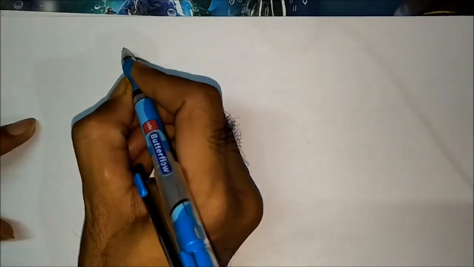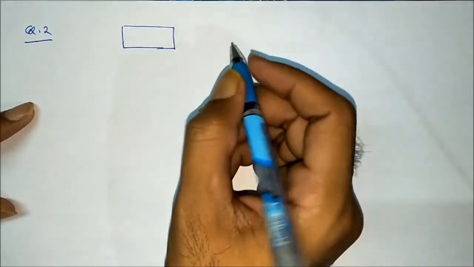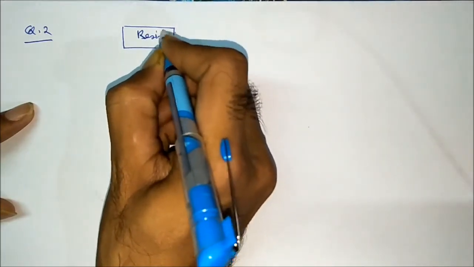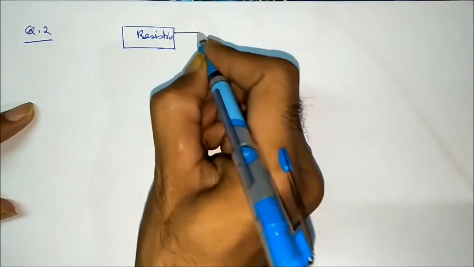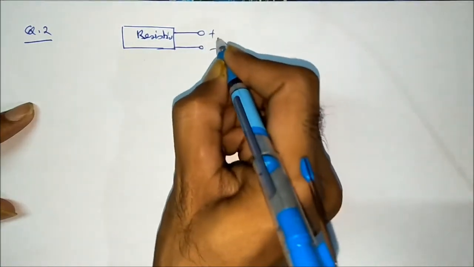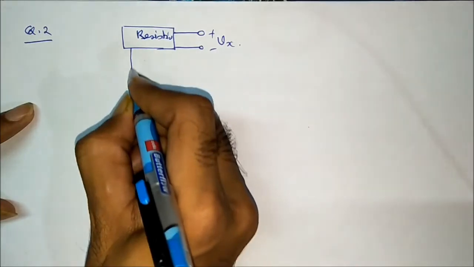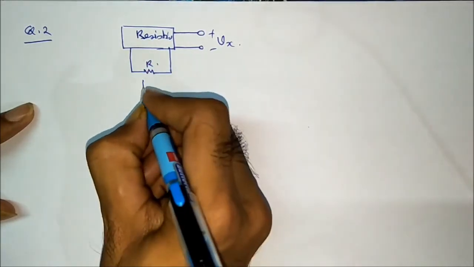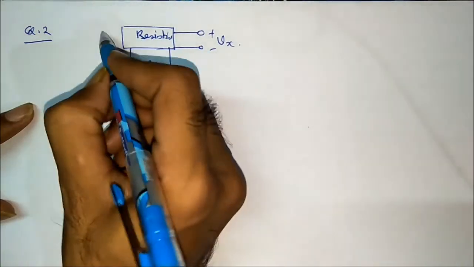Similarly, coming to the next problem. What is the next problem? In the given network, the network is given like this. This is a resistive network. This is Vx. This is some resistance R, and the power is given as Px.